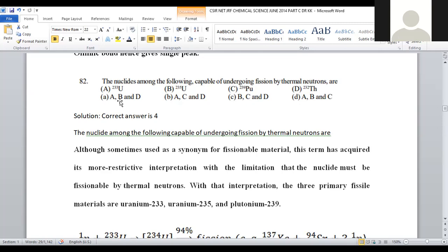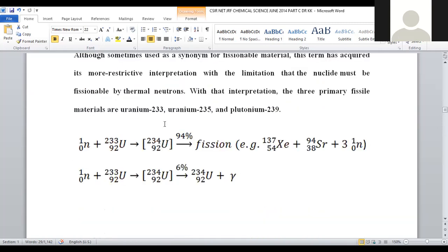Let us go through a detailed discussion of how these three moieties participate in the fission reaction. Upon bombarding uranium-233 with a thermal neutron, uranium-234 is formed, which in turn turns into two fragmented species like xenon and strontium, along with the release of three thermal neutrons.